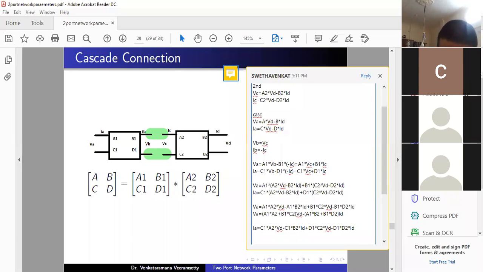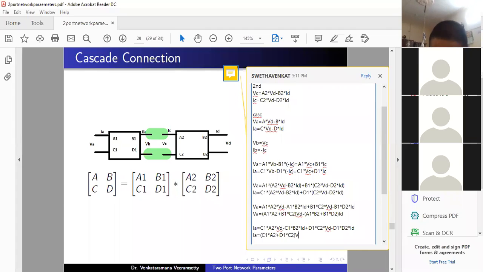Now from the above equation, try to separate VD terms and minus ID terms. If you take VD outside, we have C1 multiplied by A2 plus D1 multiplied by C2.